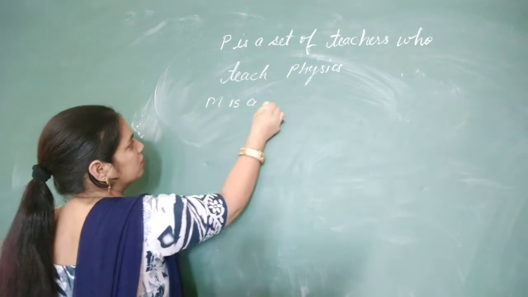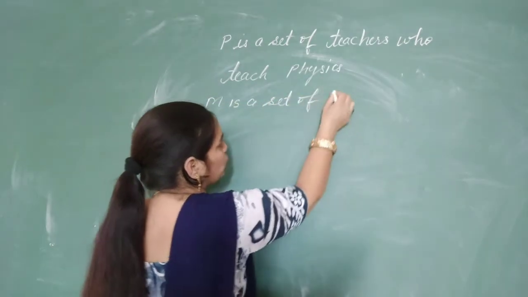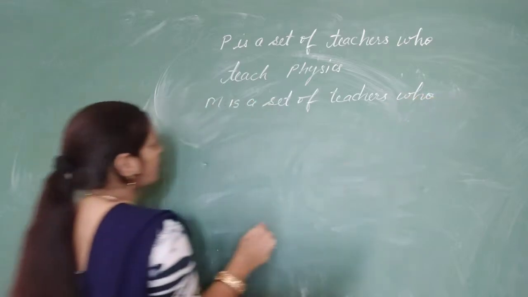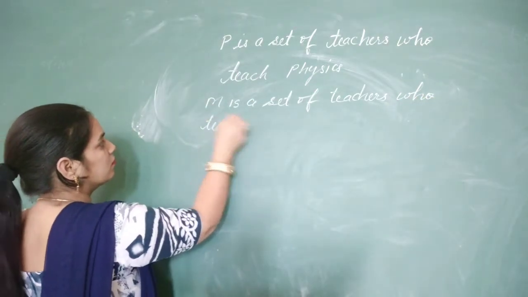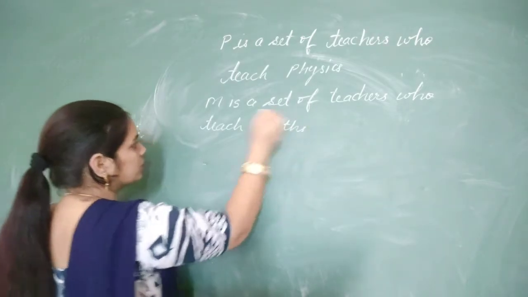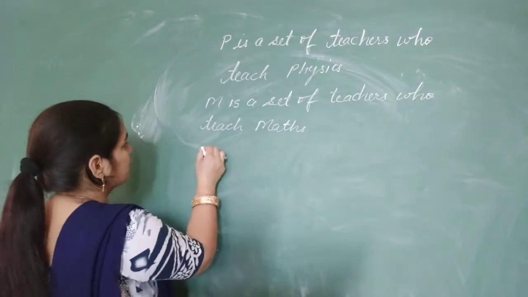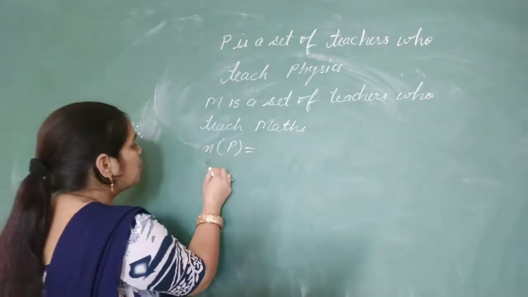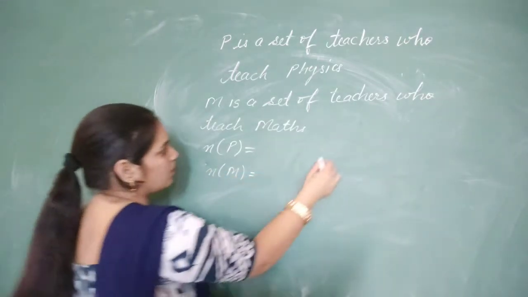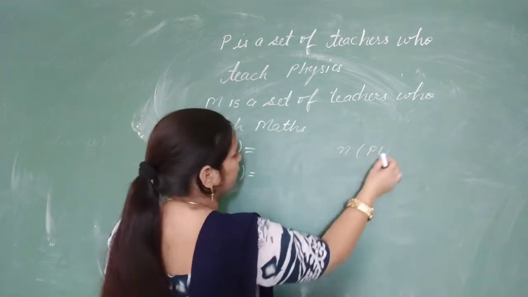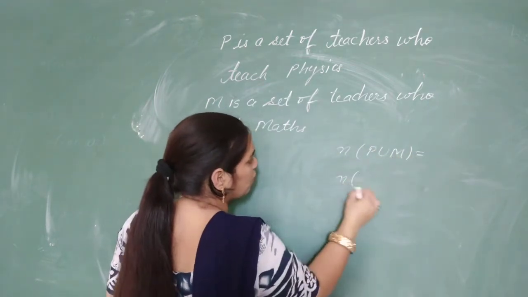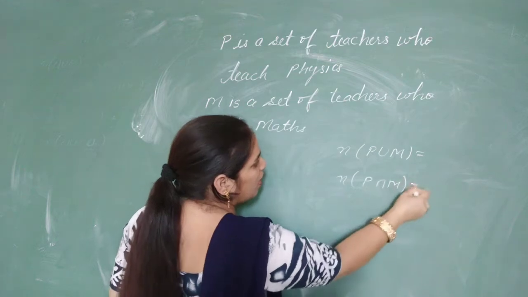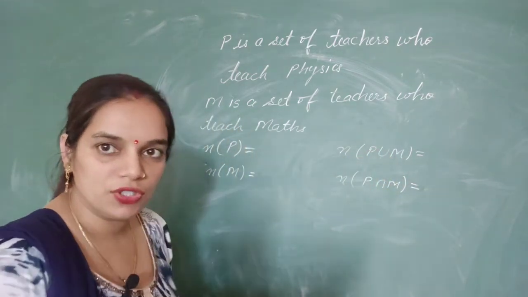M is a set of teachers who teach maths. Now the number of teachers who teach physics, the number of teachers who teach maths, the number of teachers who teach physics or maths, and the number of teachers who teach physics and maths. For 'and' we will take the sign of intersection, and for 'or' we will use the sign of union.